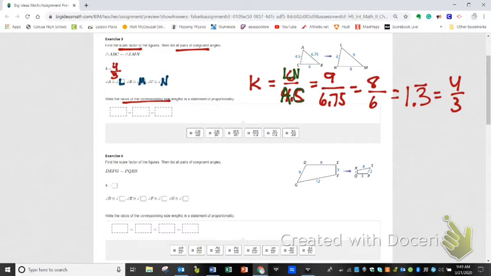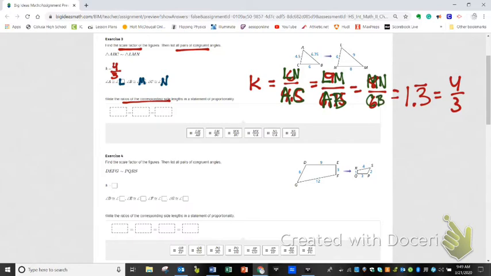The second one, LM was 9 and AB was 6.75. And the third set of sides, MN was 8 and CB was 6.